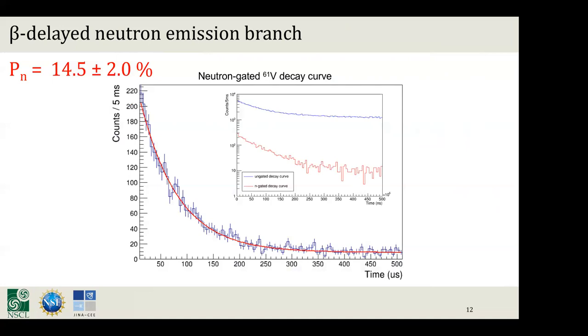And so it is actually really important to measure this because A, 14.5% is not a trivially small value. And B, while it is possible to use SuN to detect neutrons, it's much better in our case to have a separate and independent confirmation of what the Pn value is.